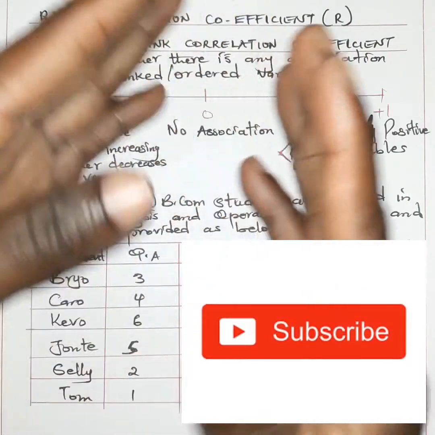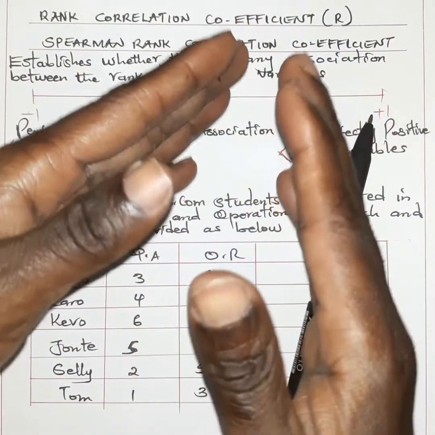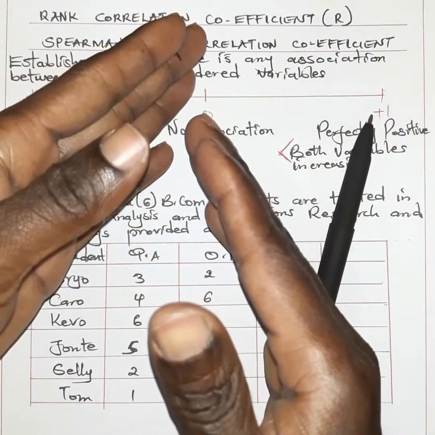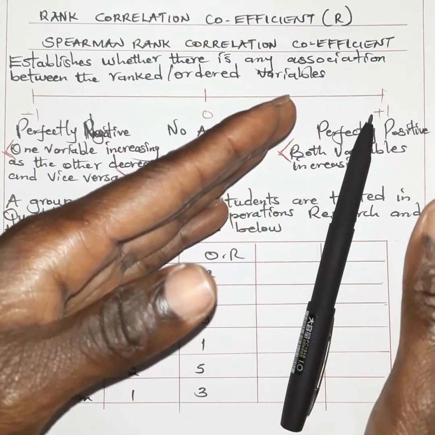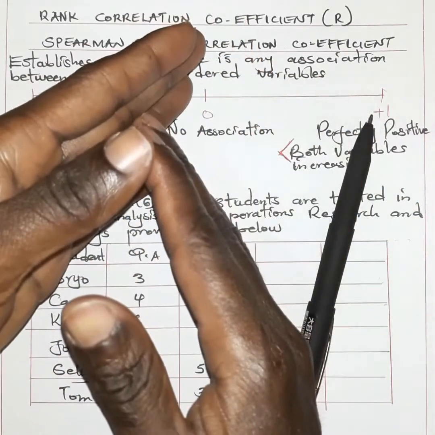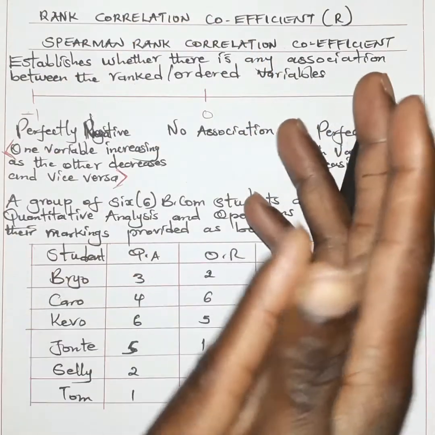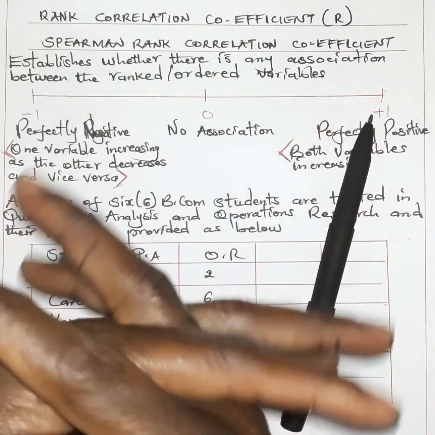That is, it is used to find out whether variable A increases as variable B increases, or both variables are decreasing, and vice versa.